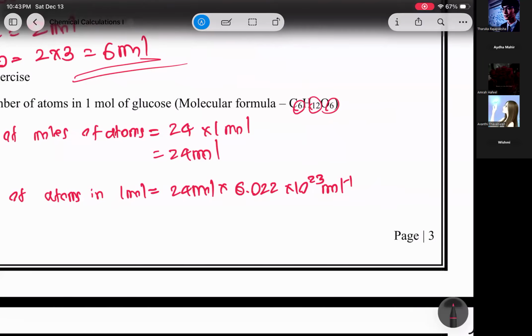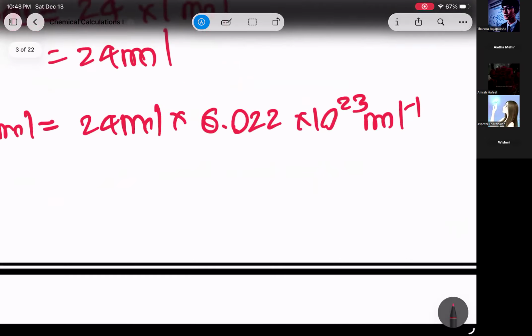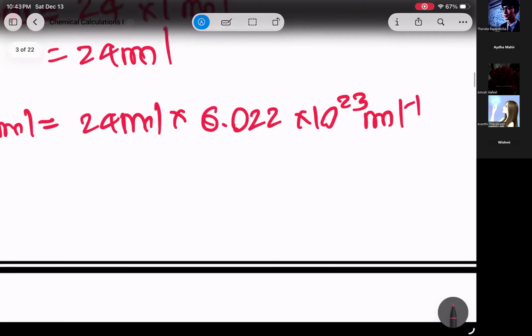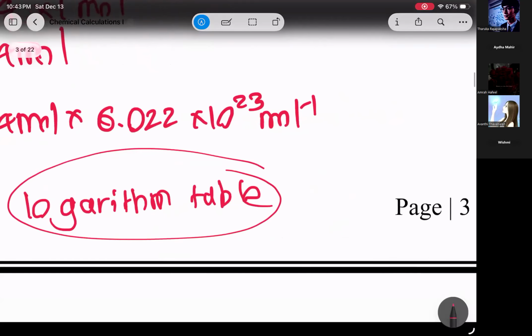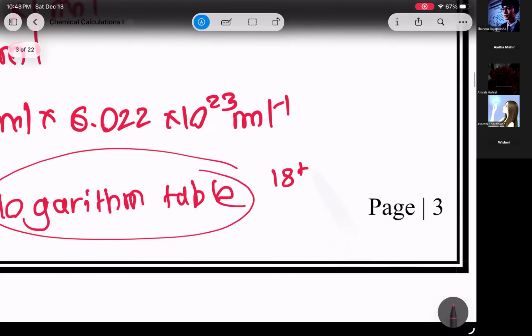Why is that? And why are we not using calculators? That's the problem now. We are using an advanced technological method in Sri Lanka, which is the logbook. You call it the logarithm table. This was used in the 18th, 19th century.